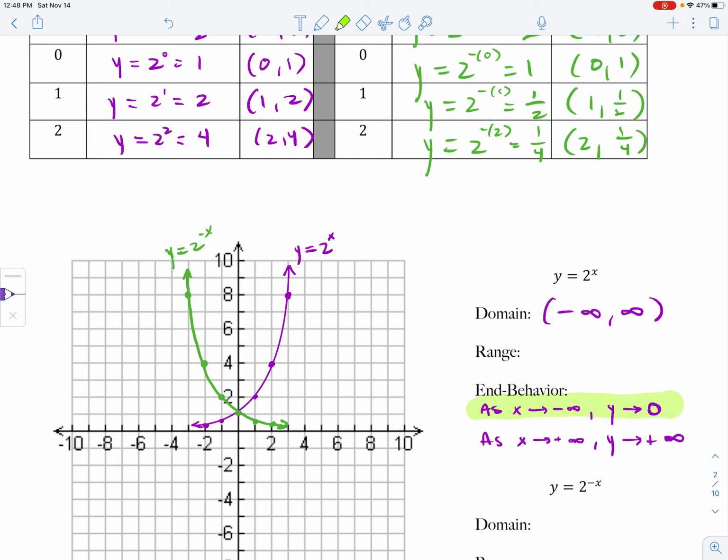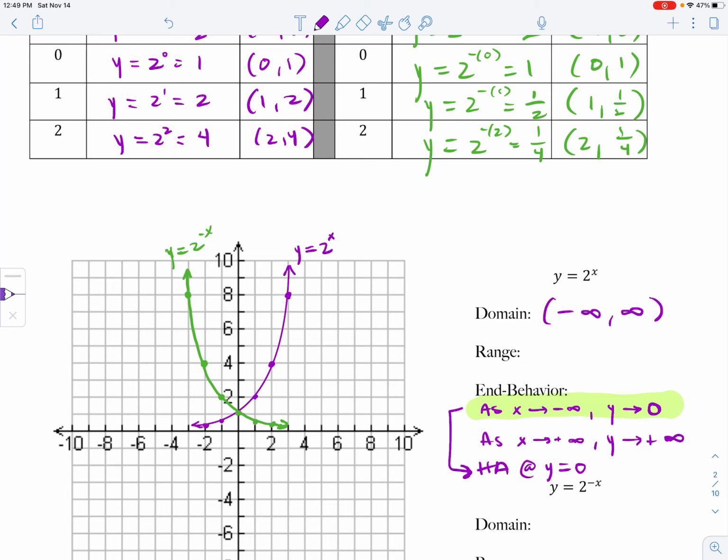So because as x is approaching negative infinity, y is approaching 0, that indicates that the equation that could describe the end behavior of this function would be a horizontal asymptote at y equals 0, right?